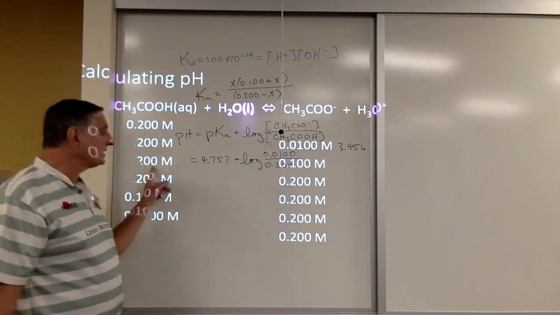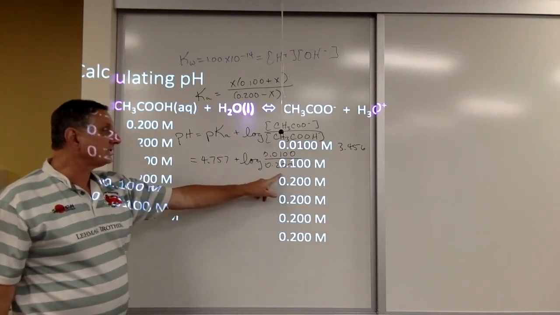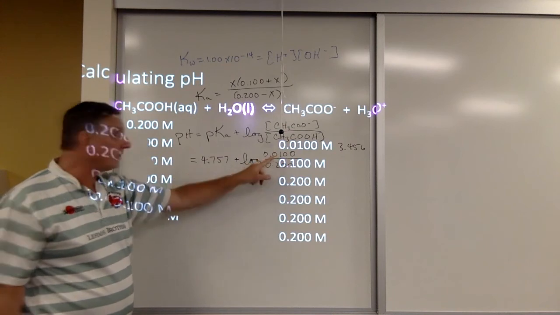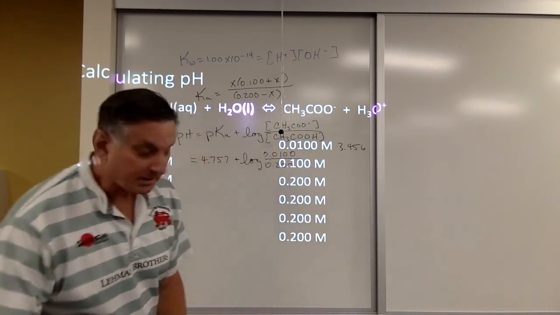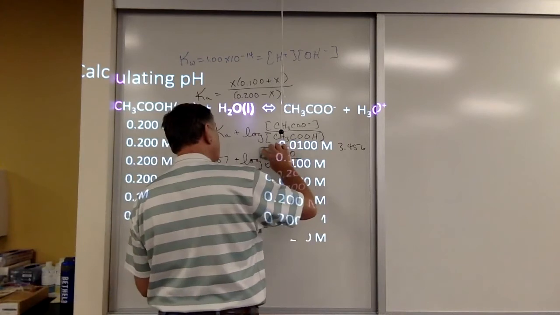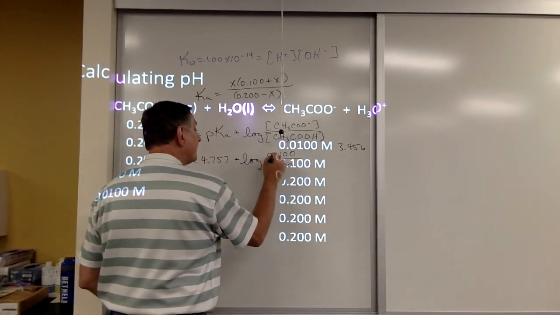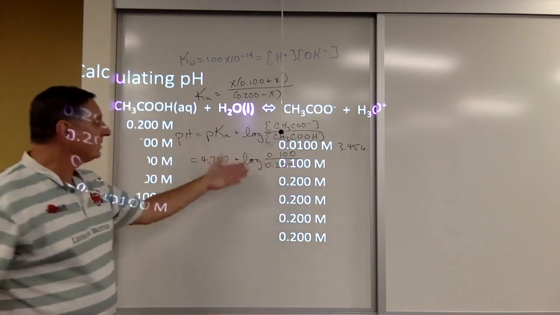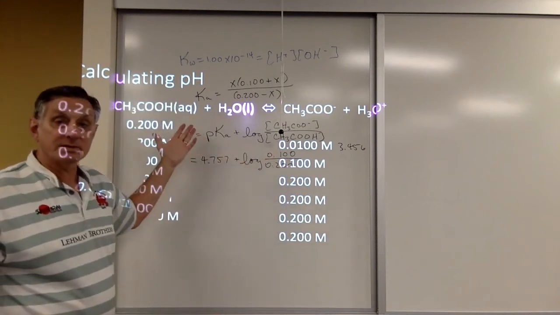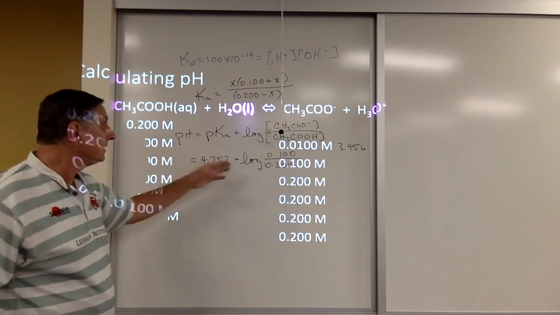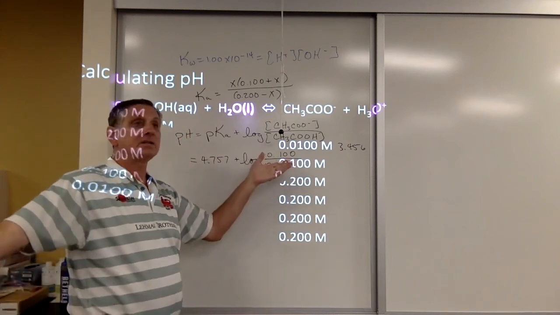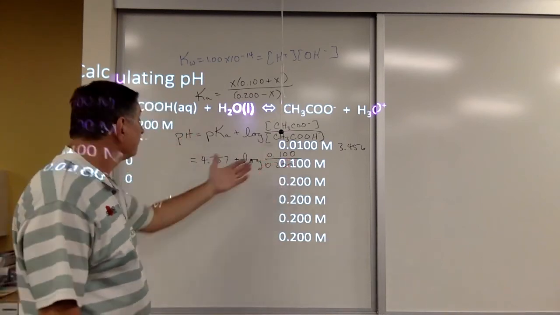The concentration of acetic acid is the same. The concentration of acetate, instead of 0.01, becomes 0.1. In other words, we're just changing the number here and redoing it. So 0.1 divided by 0.2 is 0.5. Log of 0.5 is minus 0.693 or something like that, added to this.